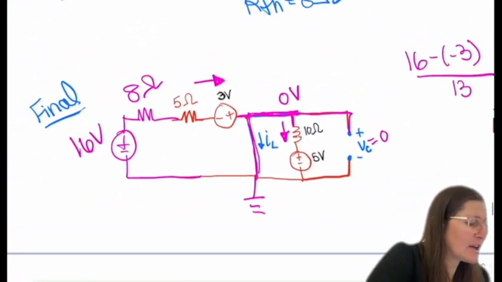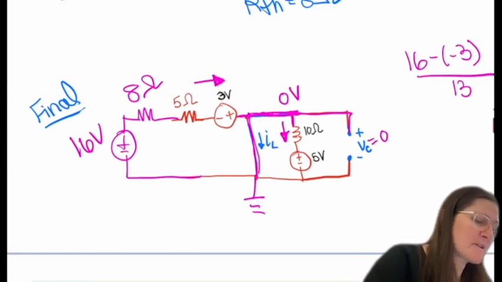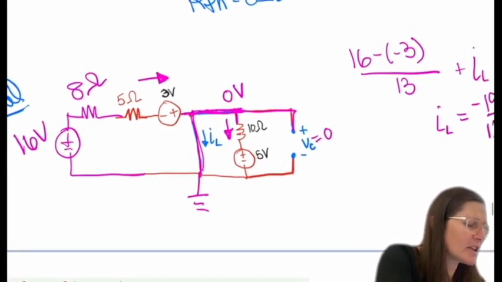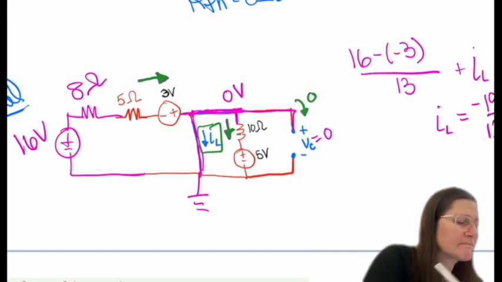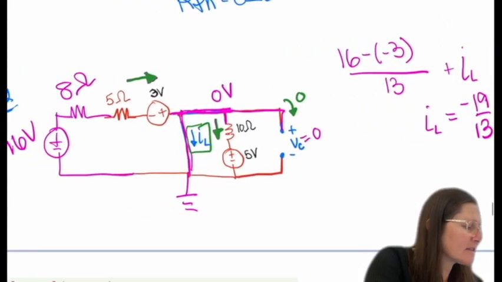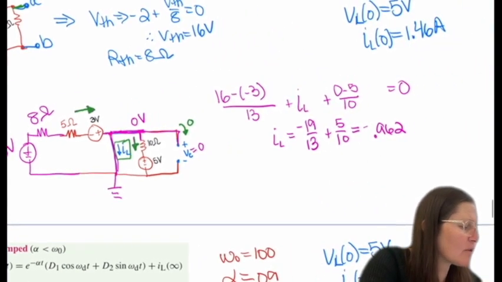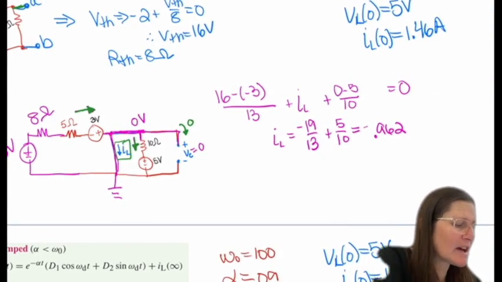And then for the final, again, it's easier to use that Thevenin. So for the final, you're trying to find the IL here. But you need to know the current coming in. The current here, note, and then this is 0. So I have 16 minus a minus 3 over 13 plus IL plus 0 minus 5 over 10 equals 0.